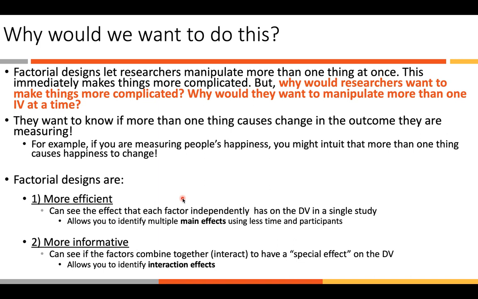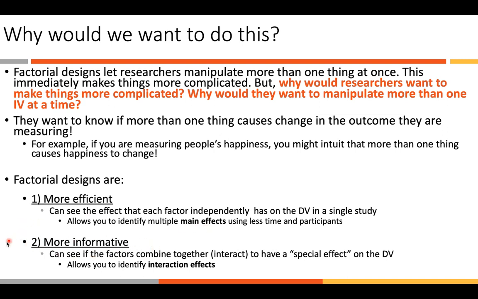And so rather than running a series of two or three separate experiments, we can efficiently run a single experiment that might include two or three independent variables. So this allows us to look at our main effects, right? The impact of each variable in isolation, just as we would in a simple experiment.